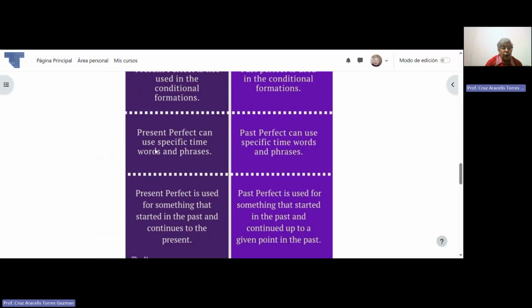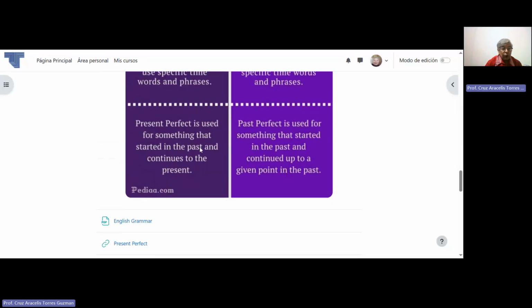Present perfect can use a specific time, words, and phrases. Past perfect can use a specific time, words, and phrases. These are the same part. So when they have to do with time and phrases, they both use them, okay? They use both. This is the similarity.